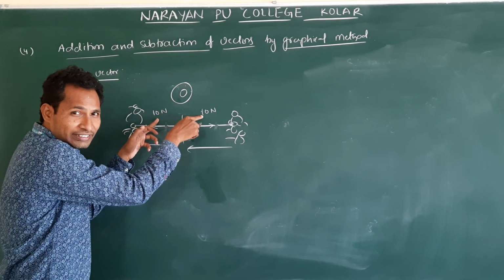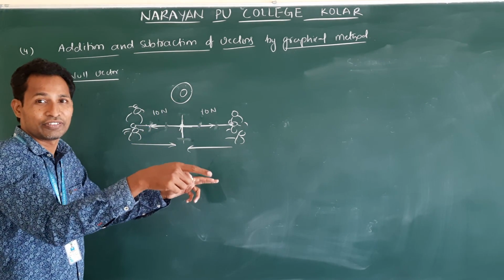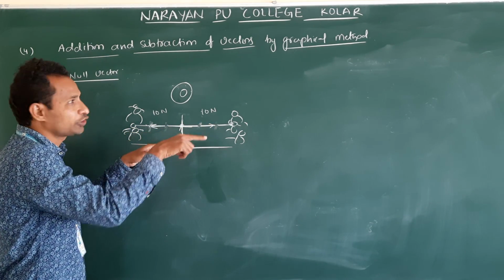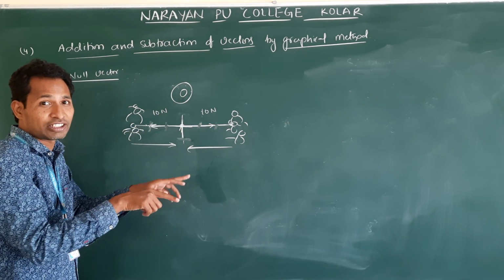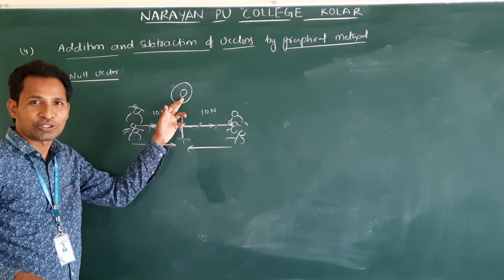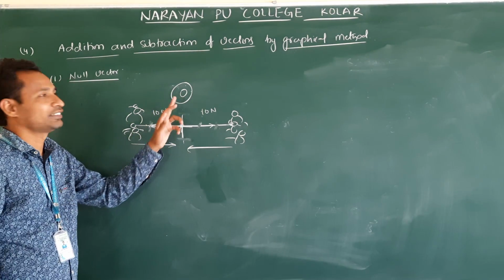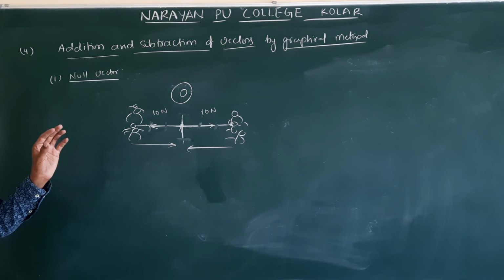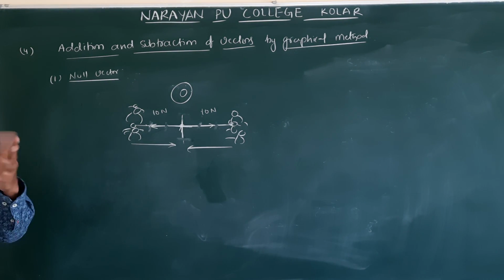Are forces vectors or scalars? They are vectors. Vectors opposite in direction with equal magnitude give a resultant of 0. Vector subtraction is again a vector, but what is the magnitude? 0. That's why we call it a null vector. Null vector means magnitude is 0, direction we cannot specify.